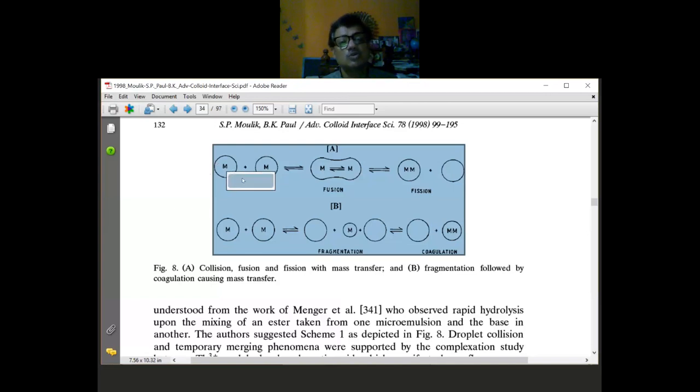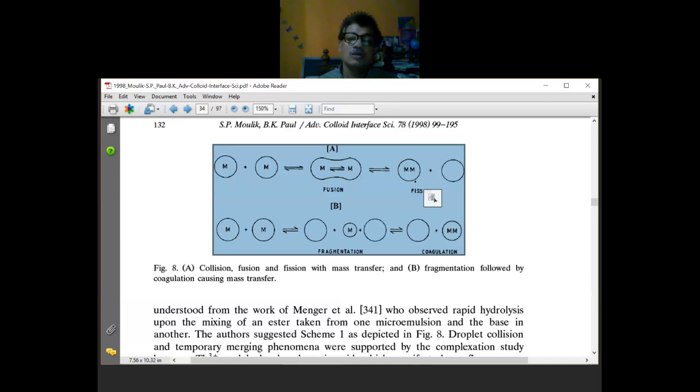If you take these two water droplets, these two water pools, what would happen? These two microemulsion droplets will undergo fusion. They will fuse. This is a very transient process, and there would be mass exchange. Again, they will undergo fission.